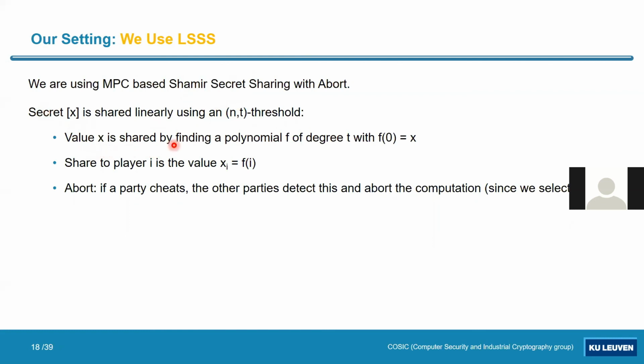We take a secret as the constant term of a polynomial f, and we give different shares, evaluations of this polynomial f, to each party. What does abort mean? It means that if a party cheats, the other parties will detect it and they will abort. And since we have an honest majority, this works.